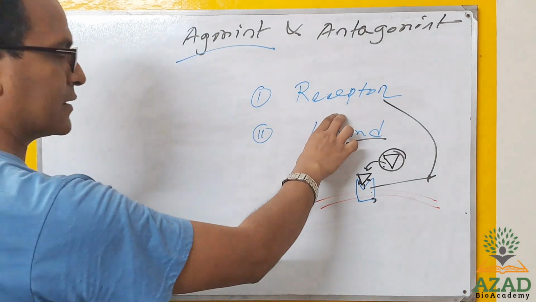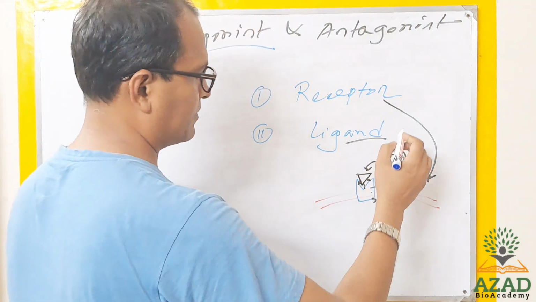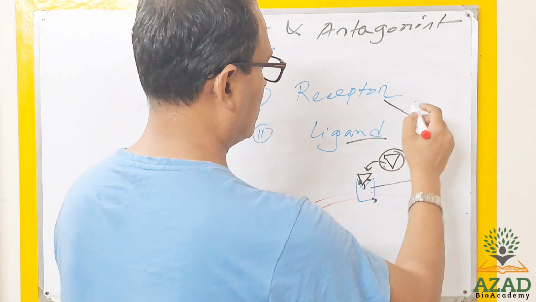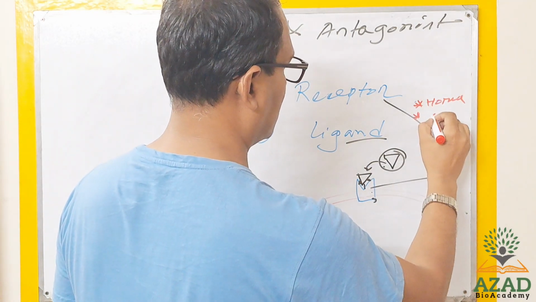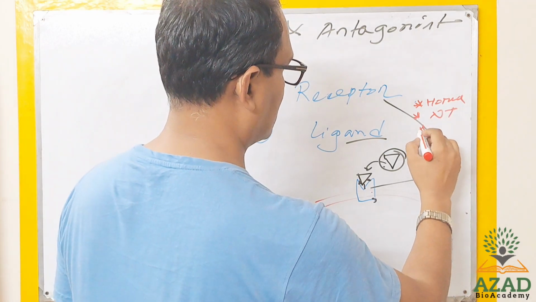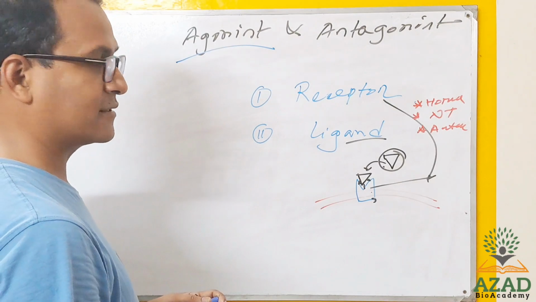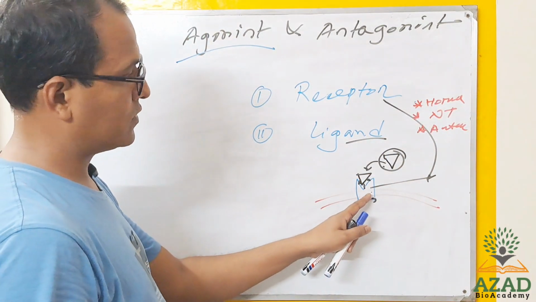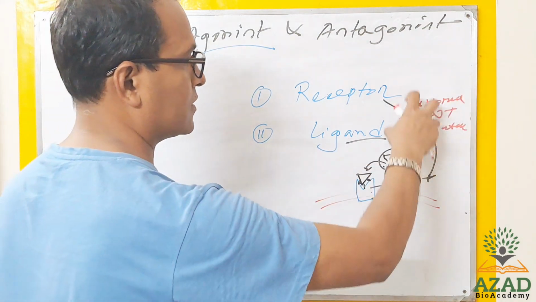You can say ligand. Okay, so for endogenous ligands, I can give you some examples like hormones. You can think about neurotransmitters, or autacoids, the endogenous ligands that will specifically bind with a specific receptor, change the conformation of the receptor and give their function.